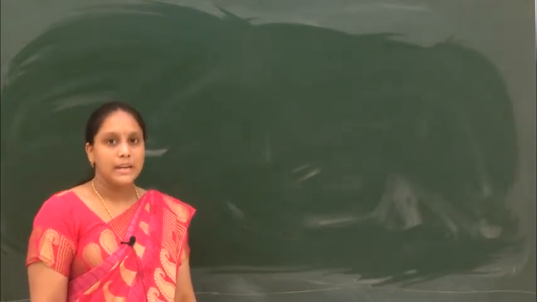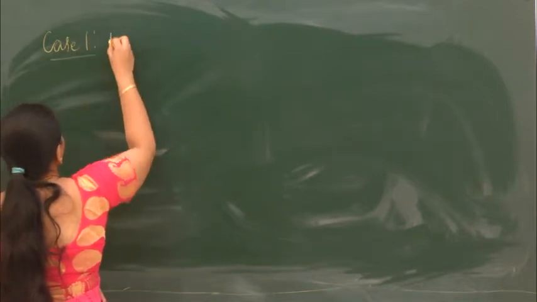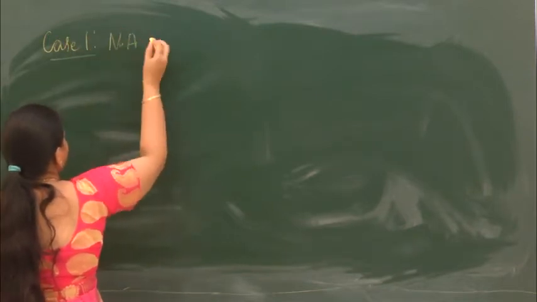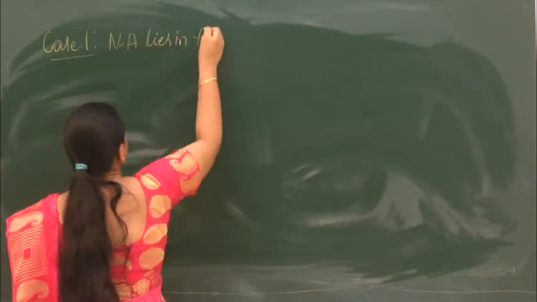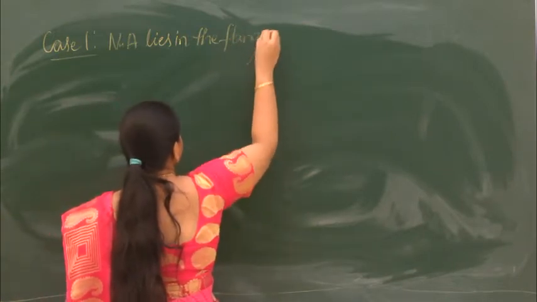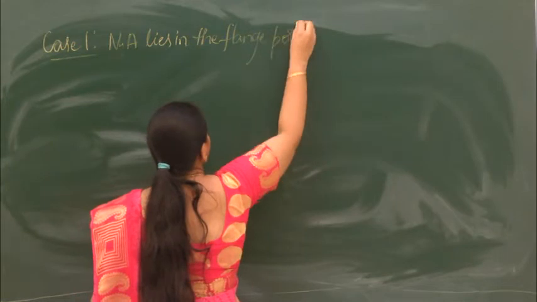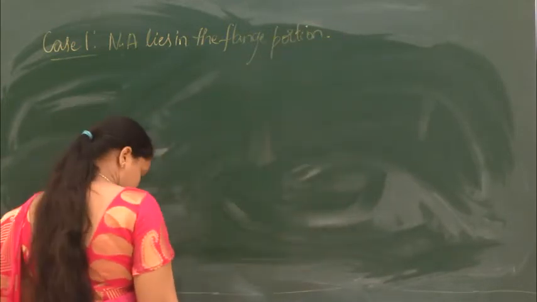The neutral axis lies in the flange portion. Here the neutral axis is lying in the flange portion.